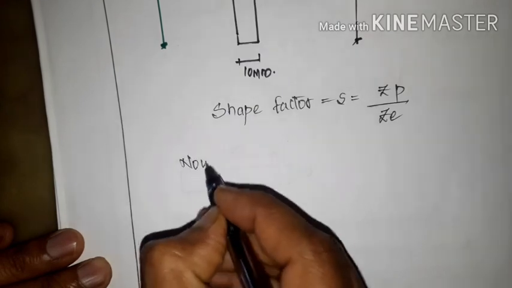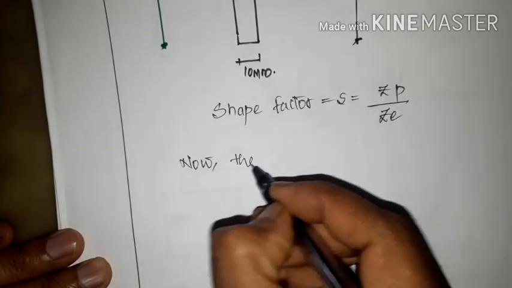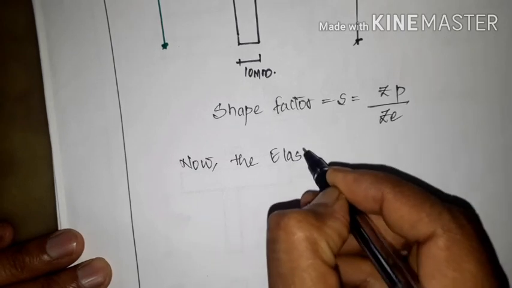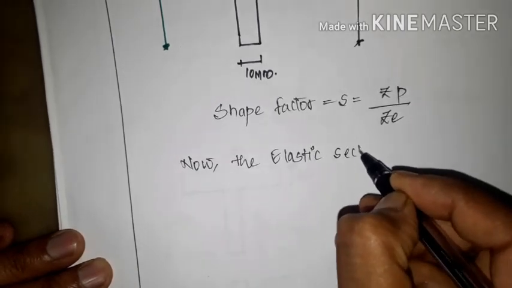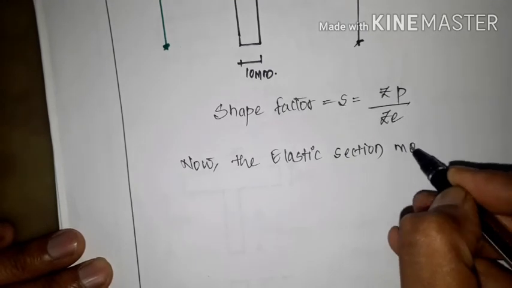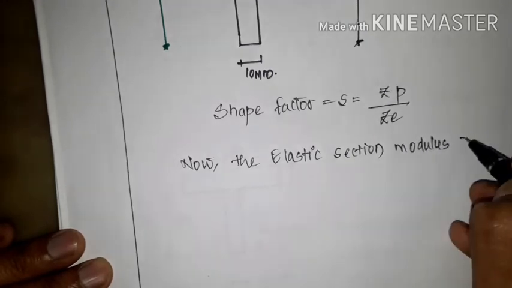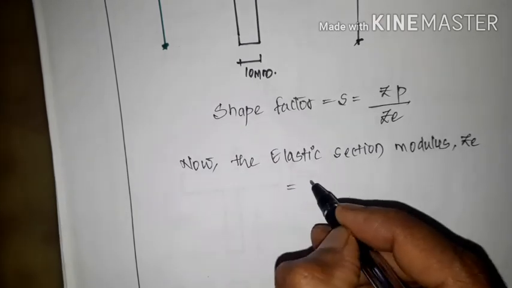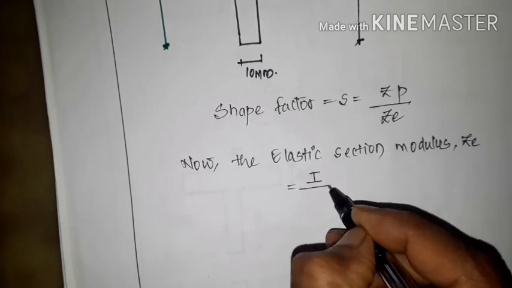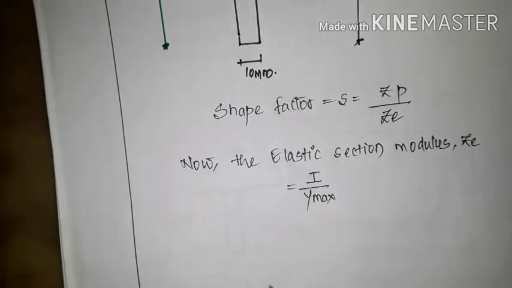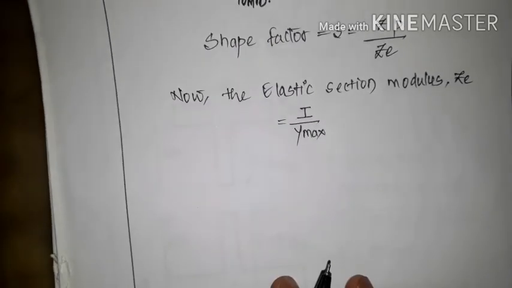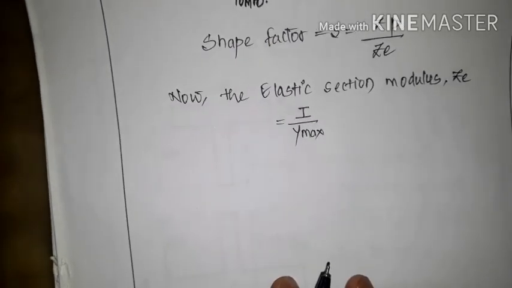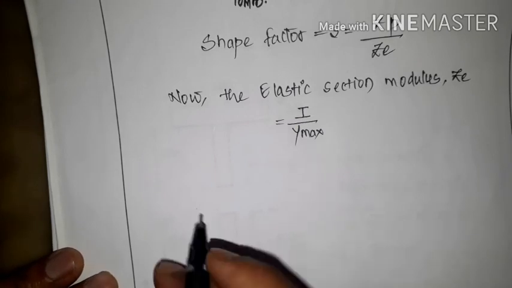Now the elastic section modulus Ze is given by again I by Ymax, I by Ymax. Okay. So we will find out the neutral axis. That is nothing but Ymax. Okay.